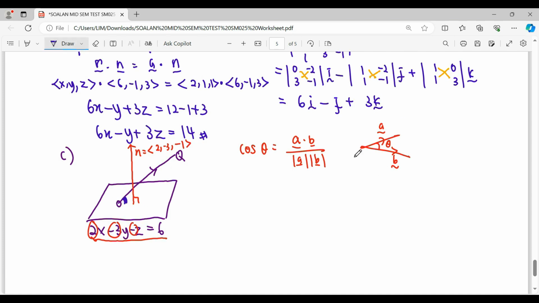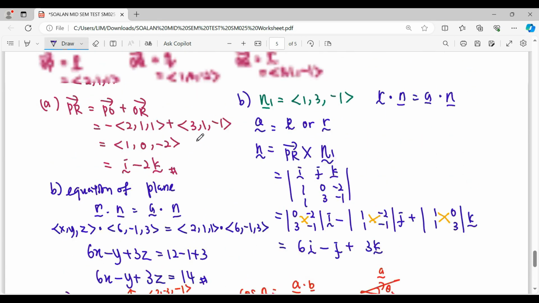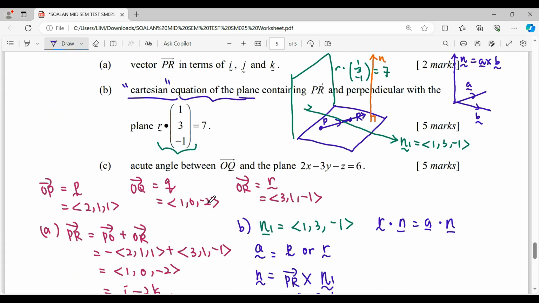But what can you use? The formula here is we are finding this angle first. So cos alpha, I put this angle as alpha, will be vector OQ dot with vector n over magnitude OQ and magnitude of the normal. So vector OQ is given, which is 1, 0, -2.